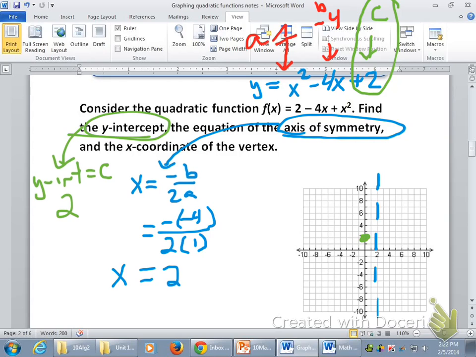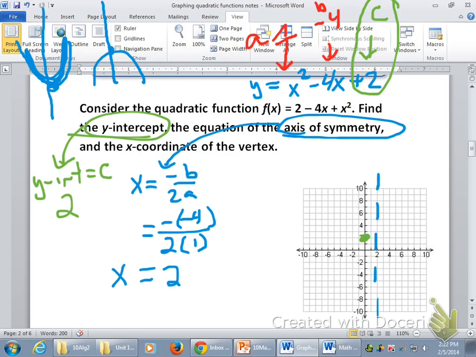If I'm just looking at any old parabola, whether it goes up or whether it goes down, the vertex is located at the very bottom or the very top, right? So if I'm coming down, down, down, I get to the vertex and I change direction. What else happens right at that point? What did we call that thing?